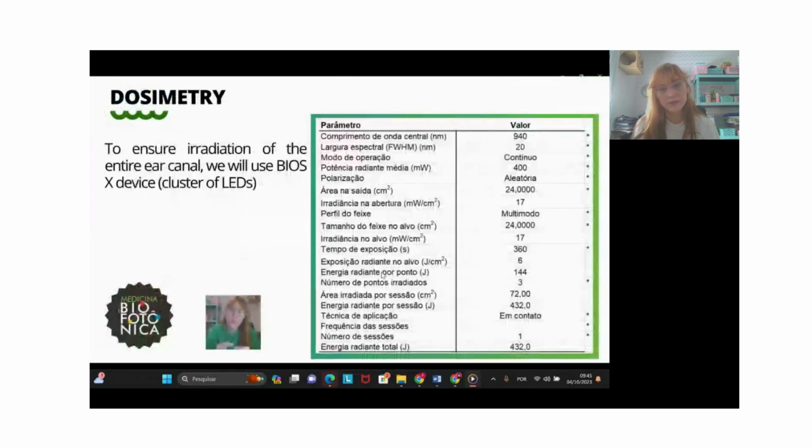To ensure irradiation of the entire ear canal, we will use a LED cluster device that's called BioX.